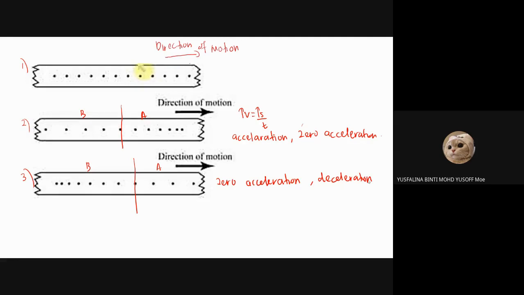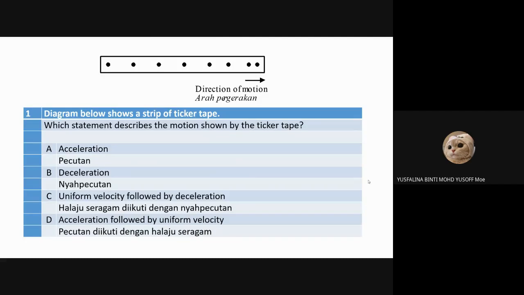Alright, for this part, number 1. Remember the direction of the motion is still to the right, so this part comes out first. Then you use the formula V equals S over T, and you just see whether the displacement is decreasing or increasing.